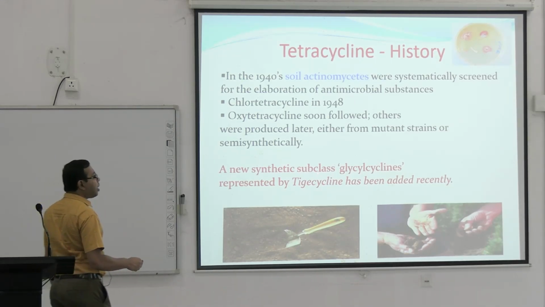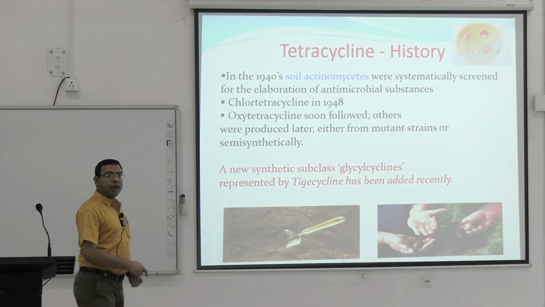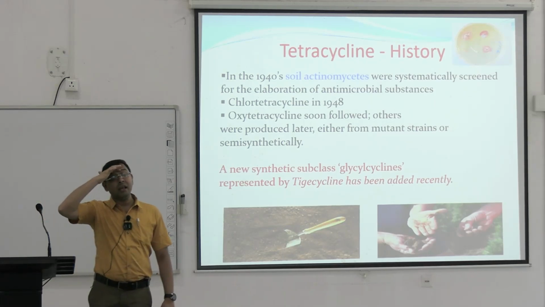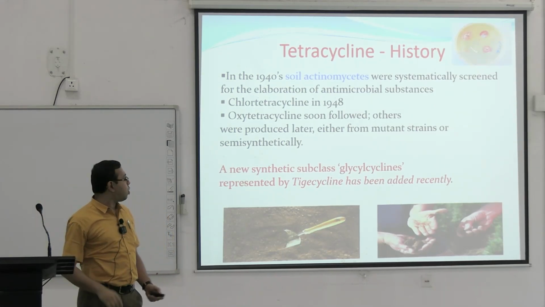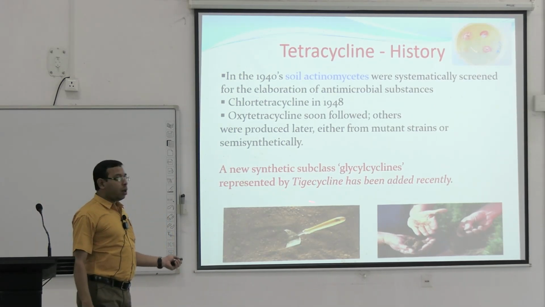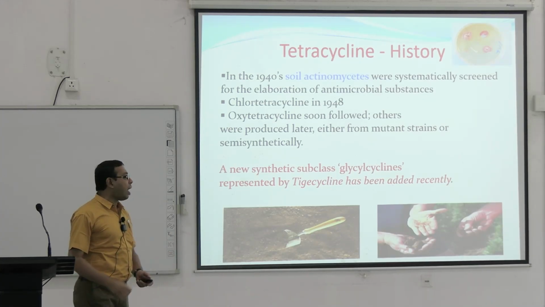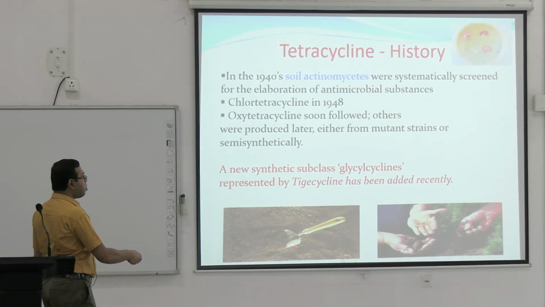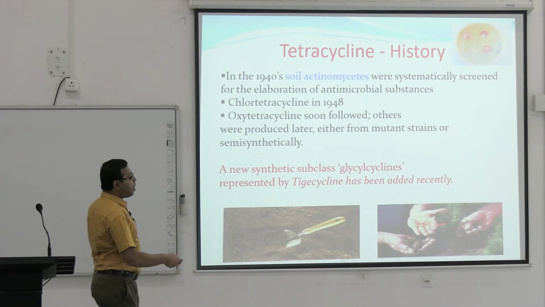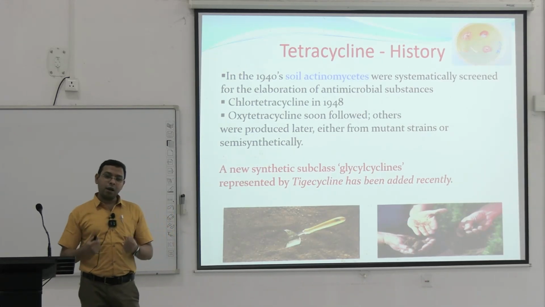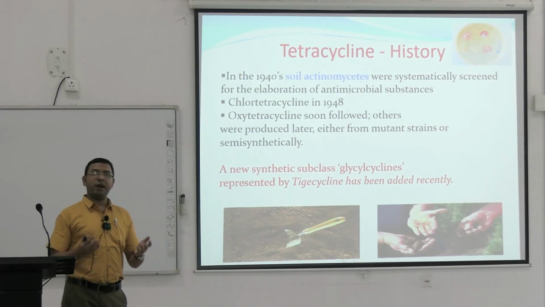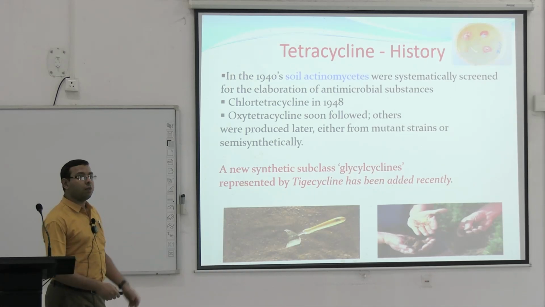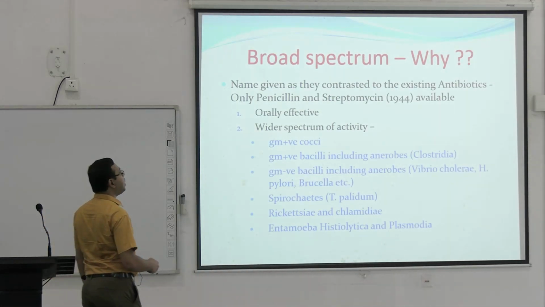Now they are just changing some side chains to the tetracycline molecule and newer ones have been developed. One of these examples is the Tetracycline. So you can see tetracycline is present in the soil. So we can extract this, we can screen this, and accordingly different chemical compounds will be developed.